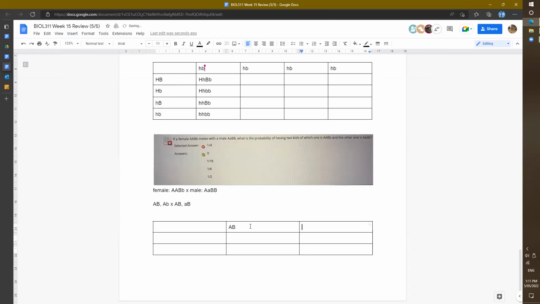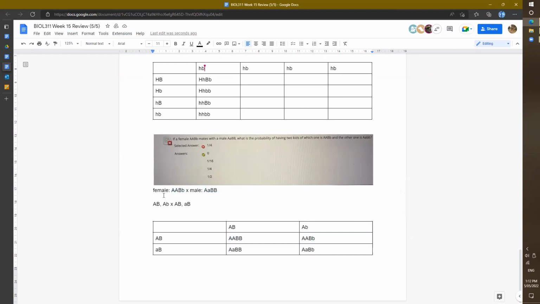So this is the female on top, and this is the male on the bottom. And then we cross them. So these are all of the offspring that can result from the cross between these two individuals.